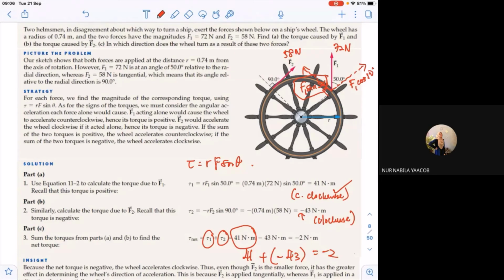Whether it is clockwise or counterclockwise, the answer follows the sign, so the final answer is negative. That means the ship's steering wheel will turn clockwise, because the final result is negative.